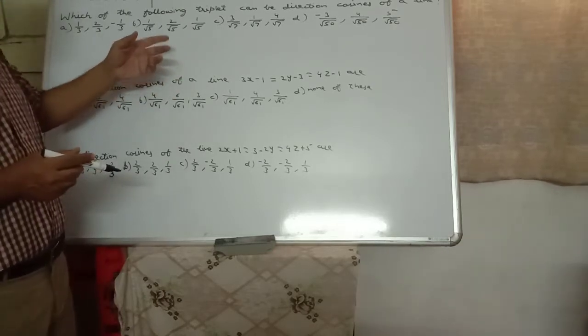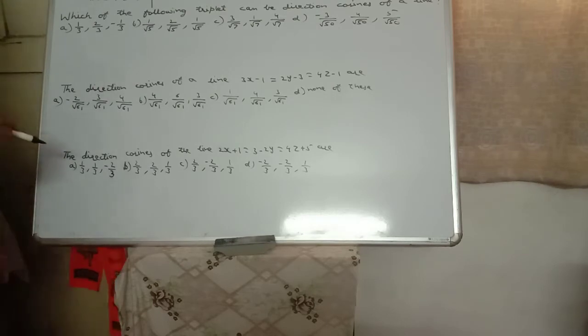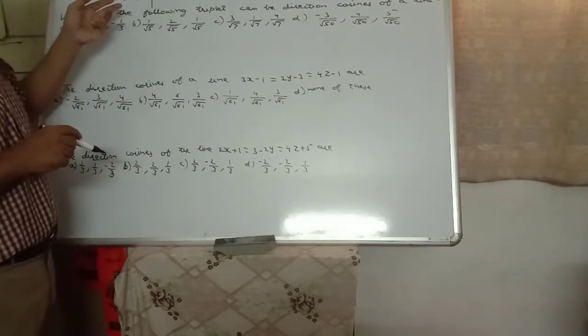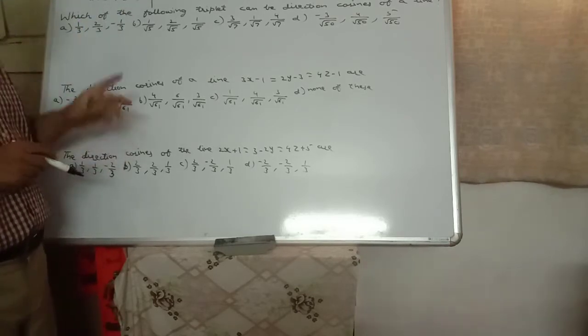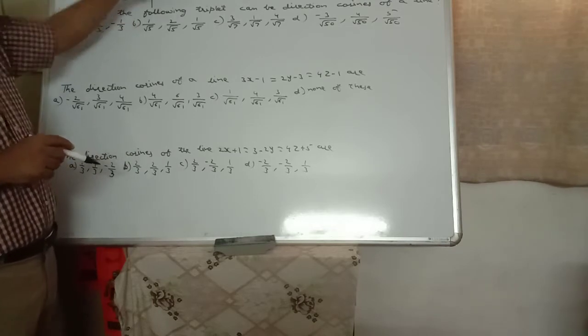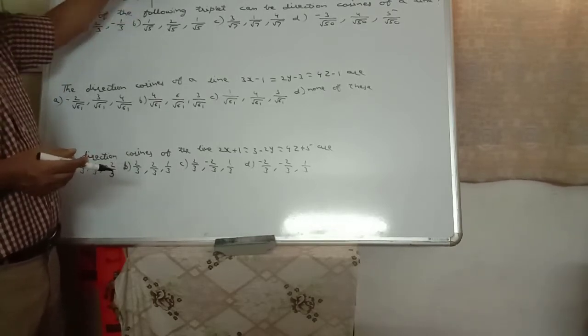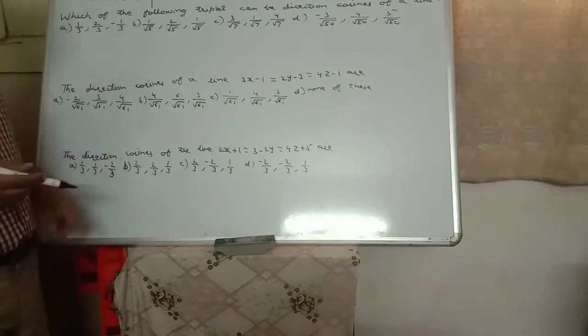Otherwise, they are parallel. Now it is more convenient to verify whether the coordinates of a point satisfy the equation of a line or not. Now this is a point on this line, so we need not verify whether the coordinates satisfy the equation of the line or not. These coordinates should satisfy the equation of the line.